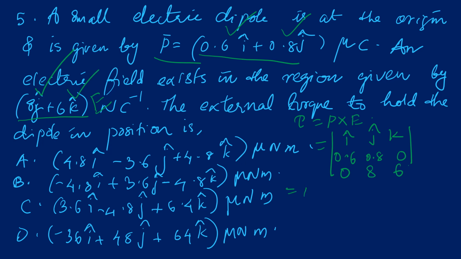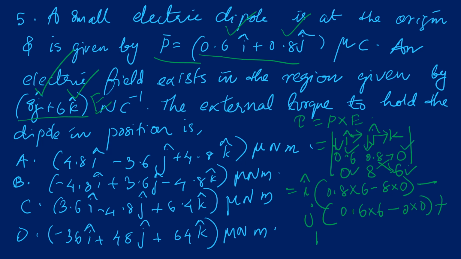Let us find this i into, we should neglect the row and column containing i and cross multiply the other terms, that is 0.8 into 6 minus 8 into 0, minus j into, we should neglect the row and column containing j and cross multiply the other terms, that is 0.6 into 6 minus 0 into 0, plus k into, we should neglect the row and column containing k and cross multiply the other terms, that is 0.6 into 8 minus 0 into 0.8.